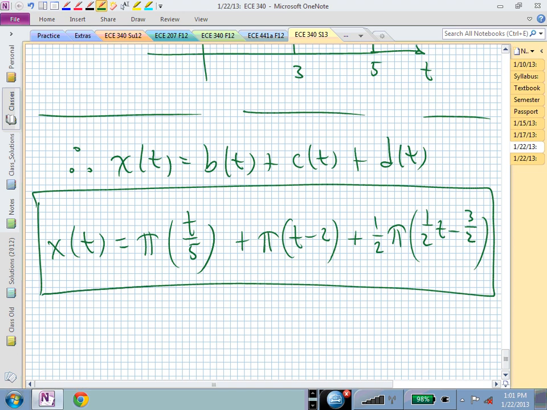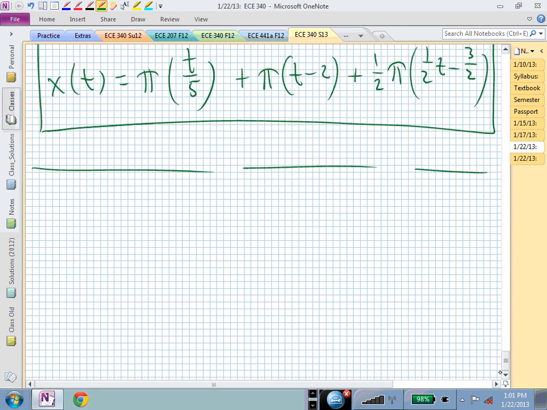Enough shifting and scaling. Let's now get into systems. This is a class that is what? Signals and systems. So we need to cover both. Let's now talk about certain characteristics of systems.